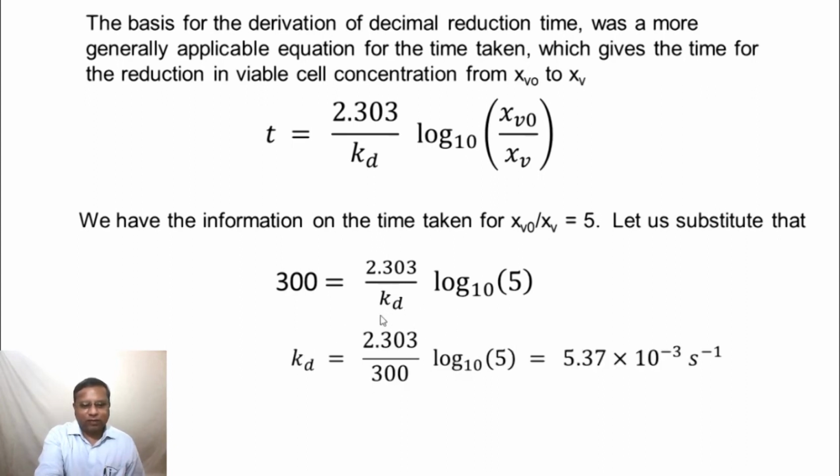You can do the same things to both sides of the equation: if we multiply both sides by Kd and divide both sides by 300, we get Kd equals 2.303 by 300 log 5 to the base 10, which turns out to be 5.37 into 10 power minus 3 second inverse.